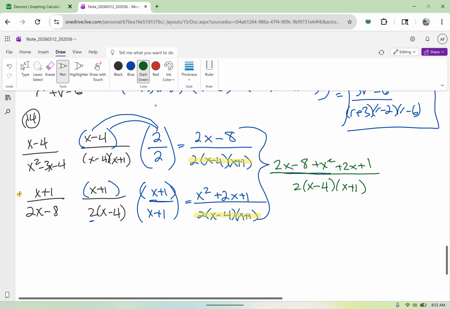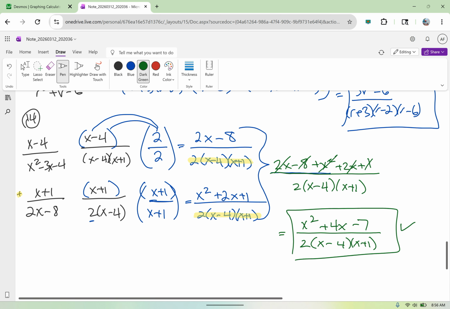Combine like terms for a final answer of, I'm going to write my common denominator first. And now I'm going to combine like terms and put them in descending order of the variable exponents. So we're going to have x² first. I'm going to cross that as I go. I have 2x plus 2x makes 4x. Minus 8 plus 1 is minus 7. And that is the correct answer.